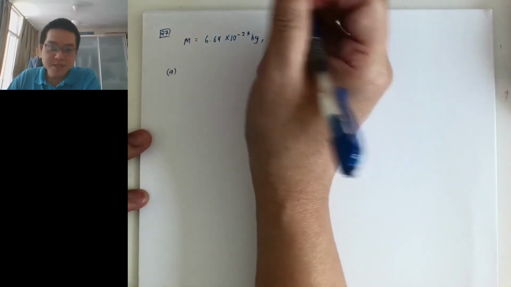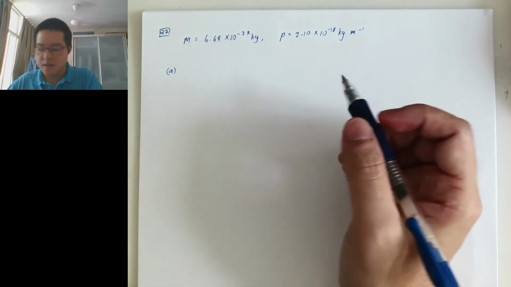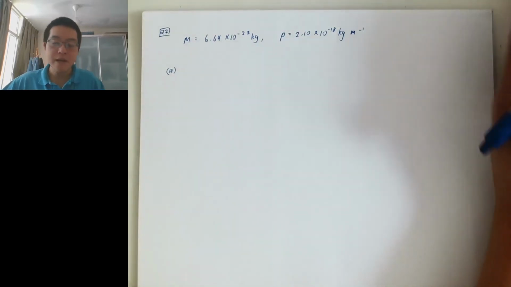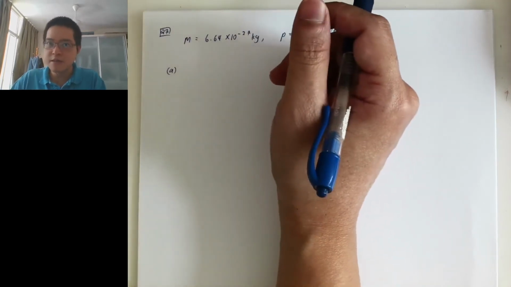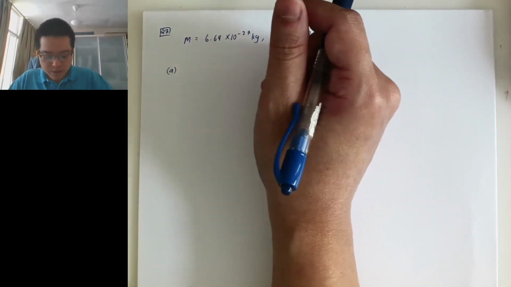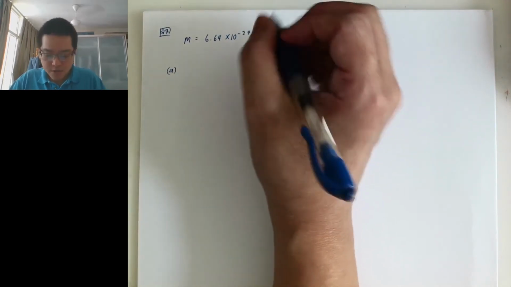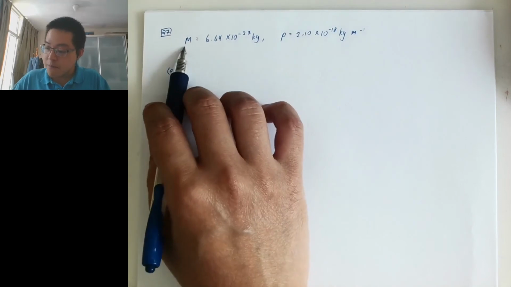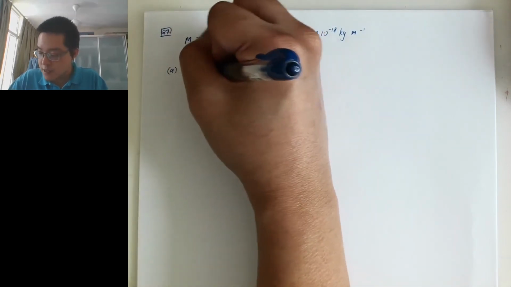So the question says rest mass, but remember what I said, right? For us, there's only one mass, so every mass is the rest mass as far as I'm concerned. So only the momentum is affected by relativity, the Lorentz factor. So what we want to calculate is the total energy of the particle. We are given m and we are given p, so we shall use the energy formula.